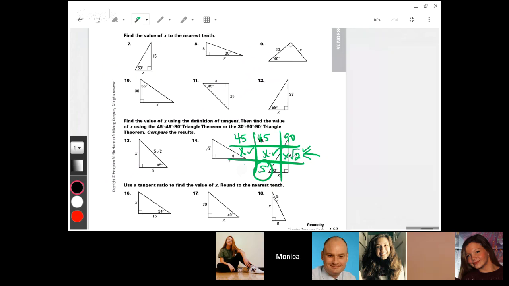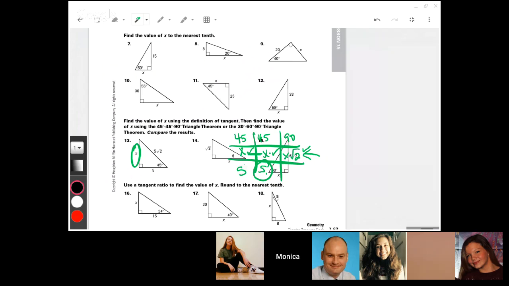So if one of the sides is x, and we know that it equals 5, then the other side labeled as x is also 5, because these are the same here. Is that good? Okay, good.